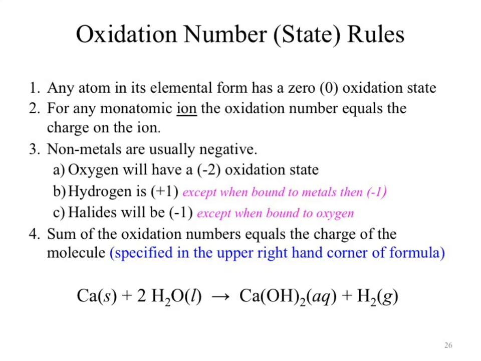And then your halides, fluorine, chlorine, bromine, and iodine, will be -1 in all cases except when bound to oxygen. So we have kind of an order of priority. Oxygen, -2, always. It trumps everything. Hydrogen, almost always a +1, so we can get away with saying it's a +1 in most circumstances. Halogens will be -1, except when Rule 3a butts in.